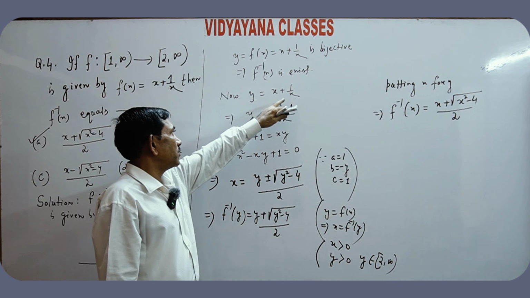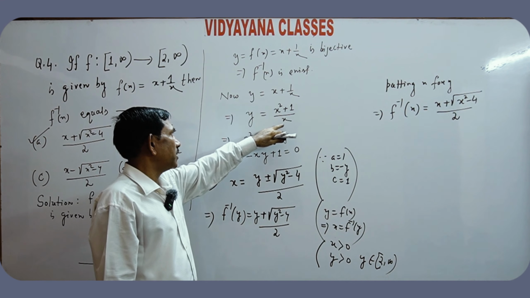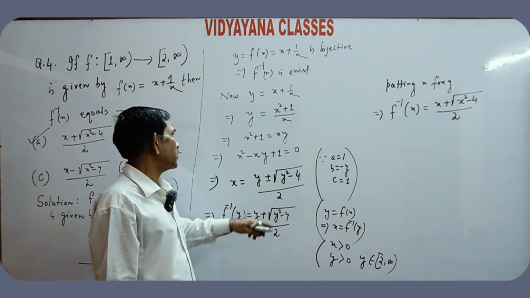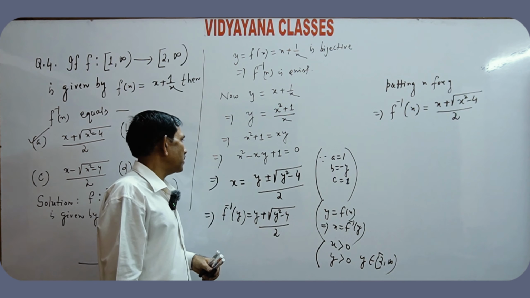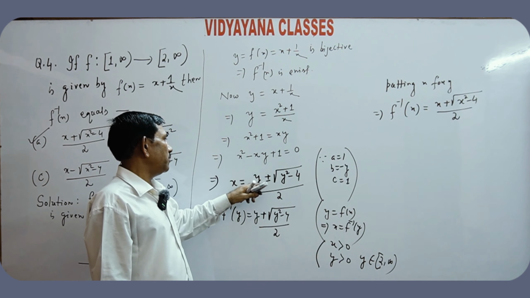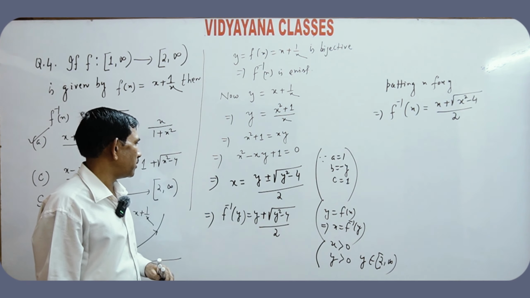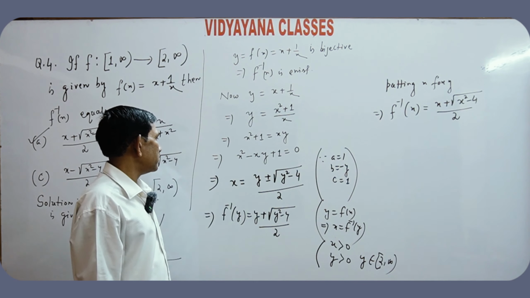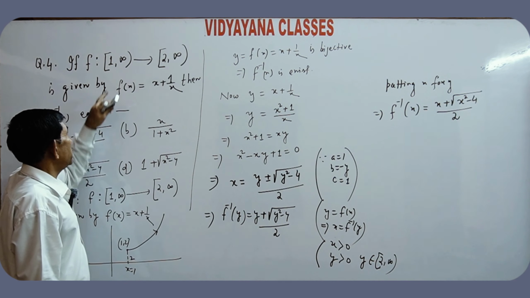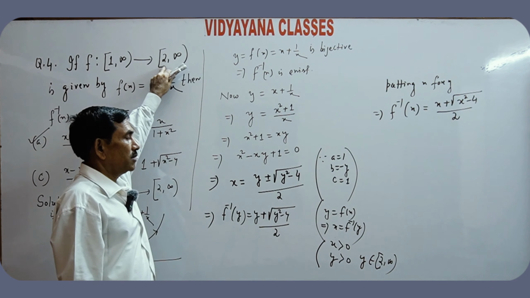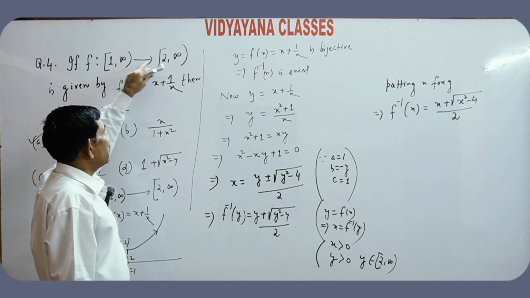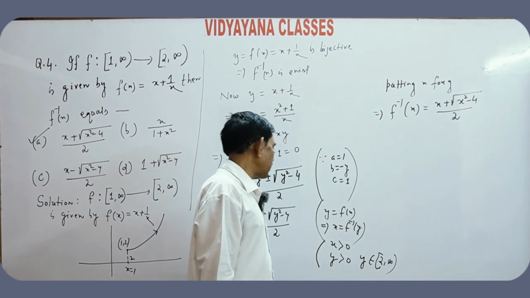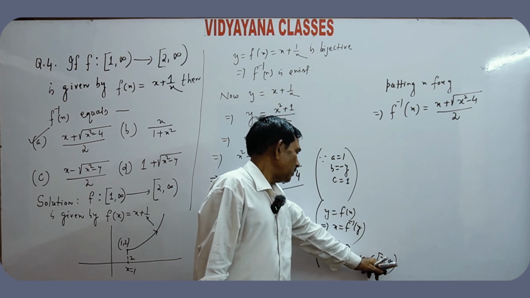y is equal to x plus 1 by x, y is equal to x square plus 1 divided by x, which is the same as x square plus 1 is equal to xy, x square minus xy plus 1 equal to 0, x equal to y plus or minus root of y square minus 4 divided by 2. y is equal to f(x), x equal to f inverse y. Both x and y are positive, y belongs to [2, infinity).